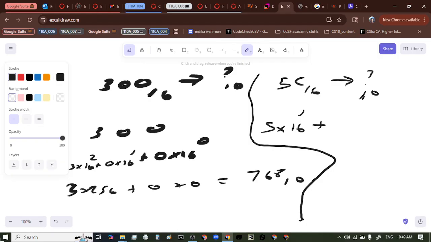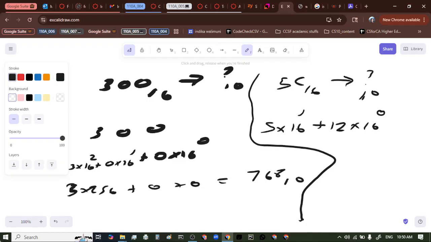Well, we need to get the value of it, right? What is C? What's the value of C? 12, right? So 12 times 16 to the 0. Remember, any number to the 0th power is 1, right? So 12 there, and then 5 times 16 is 90.